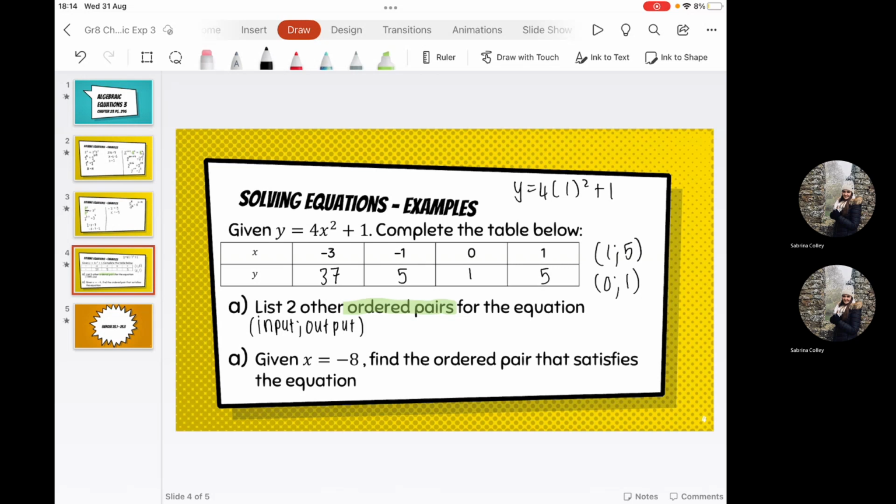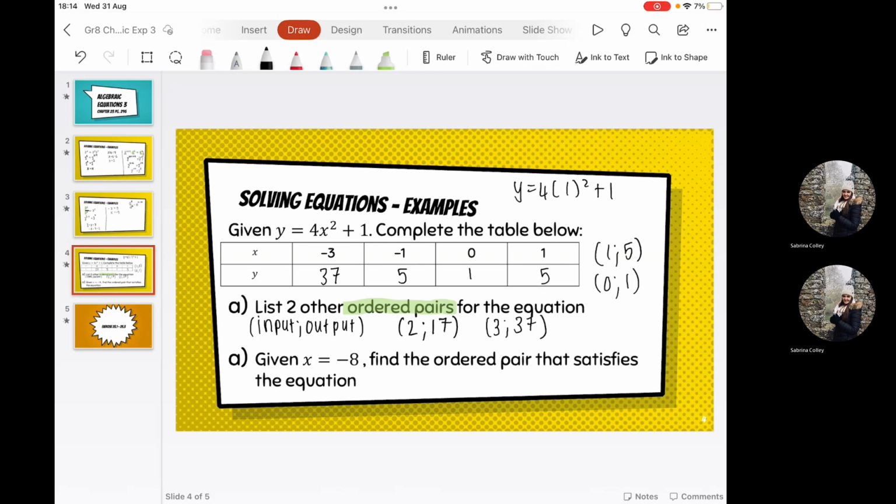Other ones could be if I put in 2: 4 times 2 squared, which is 4 times 4 is 16, plus 1 is 17. So if I put in 2, I got 17. If I put in 3, 4 times 9 plus 1, that would give me 37. So 3 and 37. Those are ordered pairs: your input and then your output.